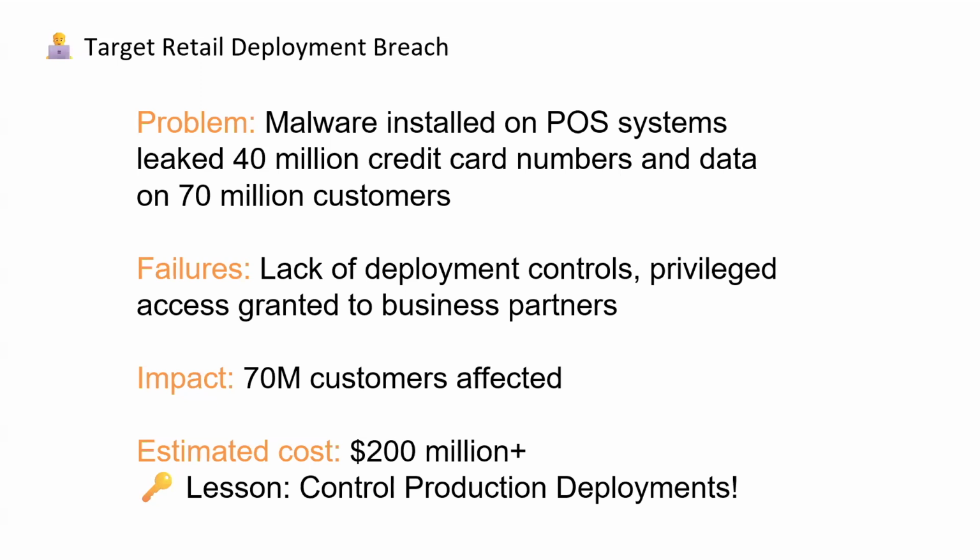So it was in their deployment process where they had this problem where they didn't have good control over what was actually getting sent out to their POS systems. So they didn't have the right controls over that. Again, hugely expensive. 70 million customers were affected, cost them $200 million, they think.